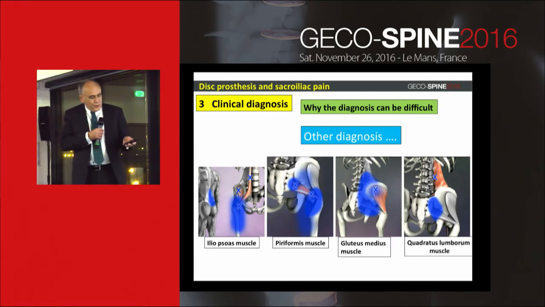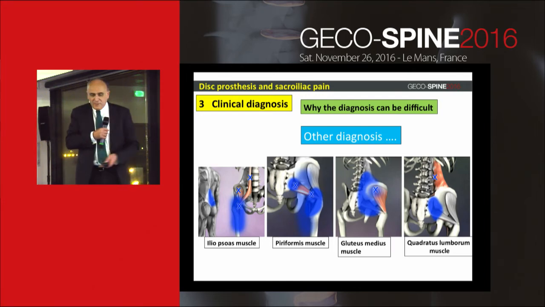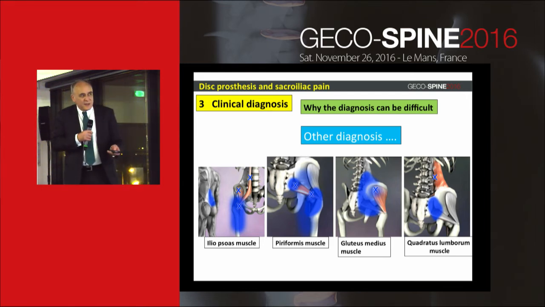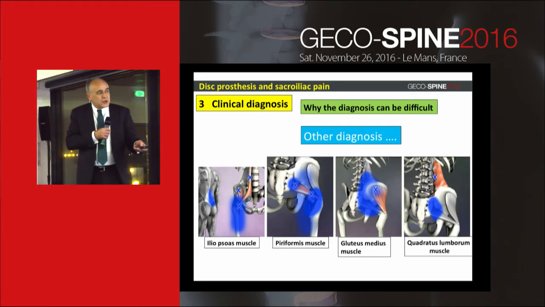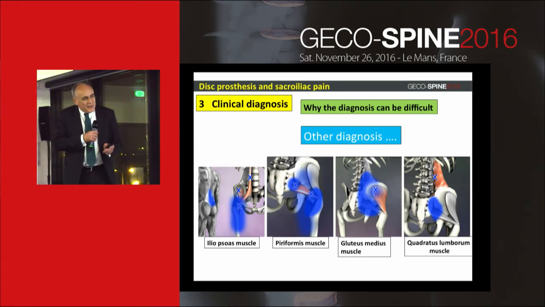And we have also other diagnoses: the psoas muscle problem because of the anterior pain, the piriformis muscle, and the gluteus medius, and the quadratus lumborum, which radiate here also at the sacroiliac joint. It seems very strange, but the location of the radiation reported in the literature is very inferior. So I think the major problems are piriformis and iliopsoas muscle.